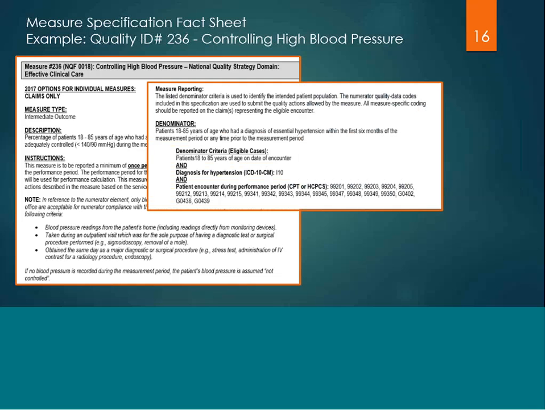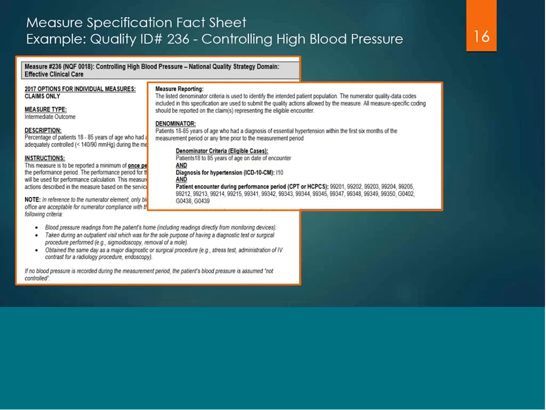In this case, the measure is controlling high blood pressure. The population would be any patients between the ages of 18 and 85 years of age who has a diagnosis of hypertension, which is the ICD-10 code I-10.